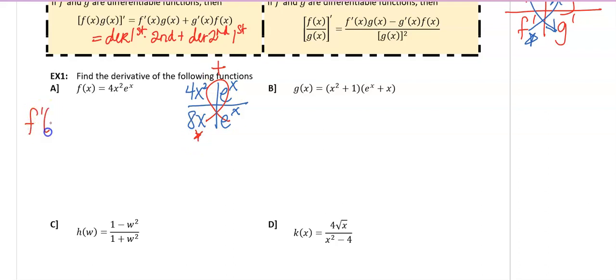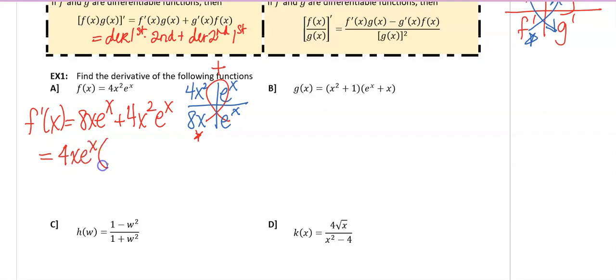So f prime is 8x e to the x plus 4x squared e to the x. That may be an answer, or for multiple choice, they will want you to factor out the common factors. In this case, 4x e to the x. And what's left should be 2 plus x.